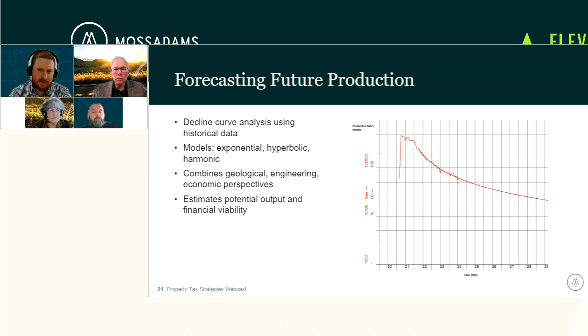These models aid in the planning and decision-making based on expected production trends. So this multidisciplinary approach merges geological, engineering, and economic perspectives to estimate the well's potential output and financial viability, considering the estimated reserves and extraction rate.